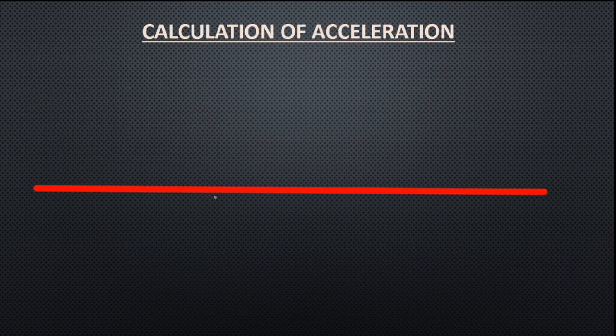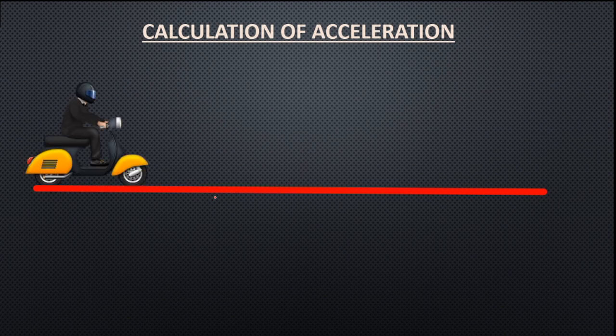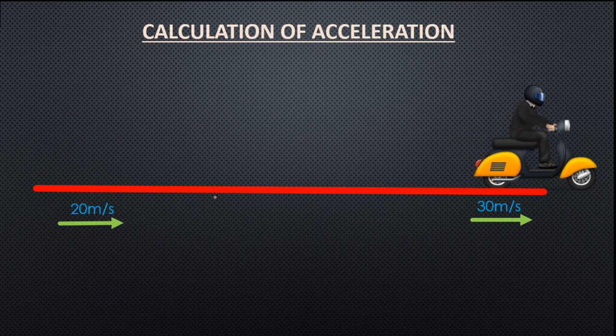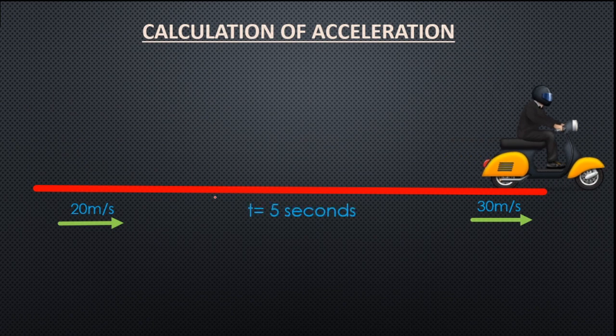Now next, calculation of acceleration. Let us consider an example. A scooter is moving with a velocity of 20 meters per second, and after some time its velocity increases to 30 meters per second in 5 seconds. If I want to find out the acceleration in that case, the formula is a is equal to v minus u upon t.